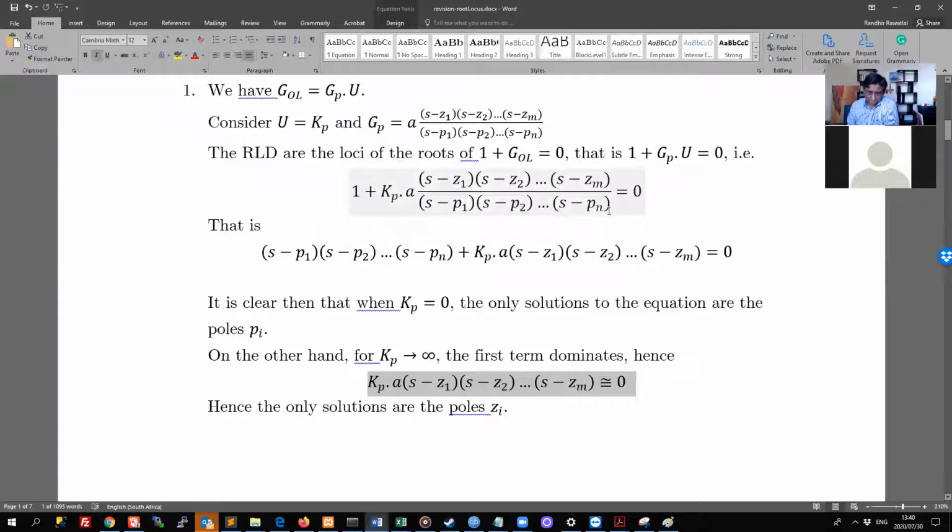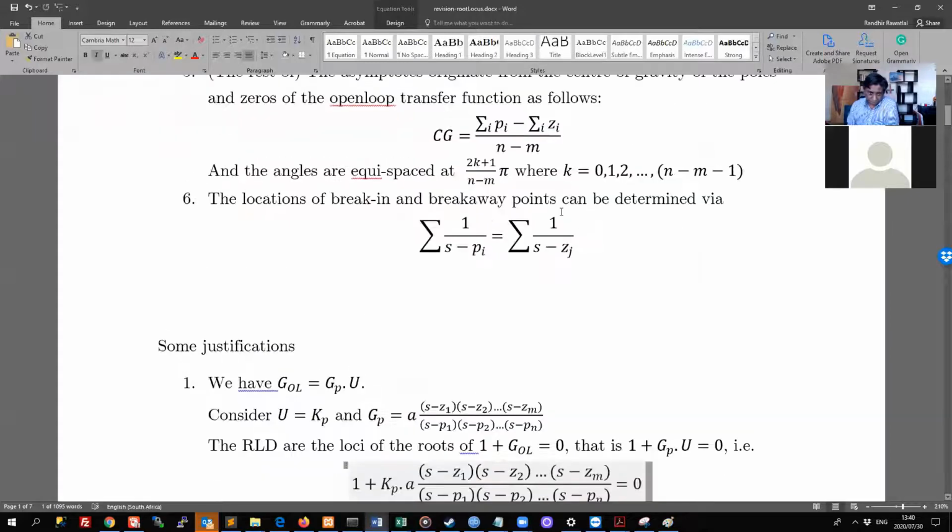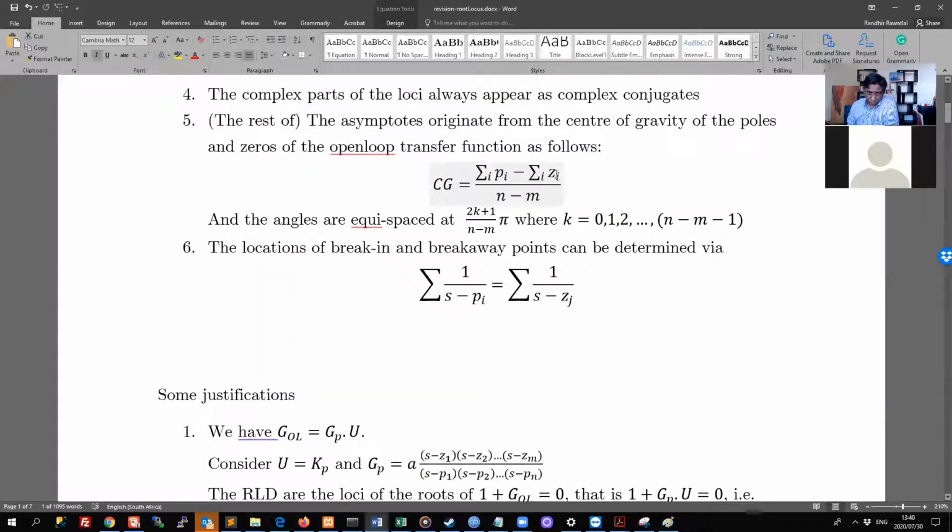So we add up those poles and we add up those zeros and we subtract these 2, and then we divide by n minus m, which is just the number of poles minus the number of zeros. This gives us a number, and that tells us where all those loci, those asymptotes, are originating from.